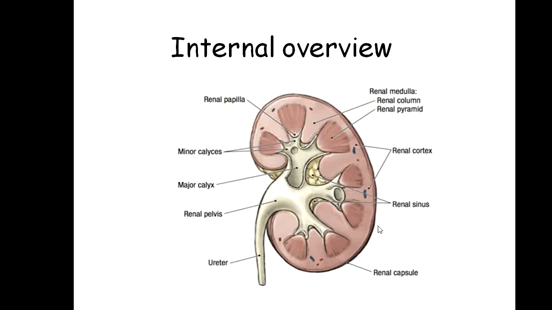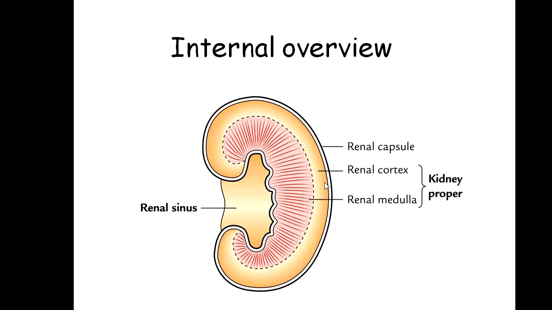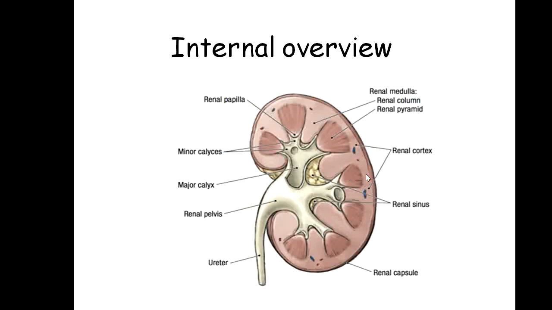The renal column is part of the renal cortex. In the previous diagram, the renal column is not represented. That diagram does not show any renal column, but actually the renal column is present in every kidney. It is also part of the renal cortex. This part of the renal cortex is called the renal column, and this is called the renal pyramid.